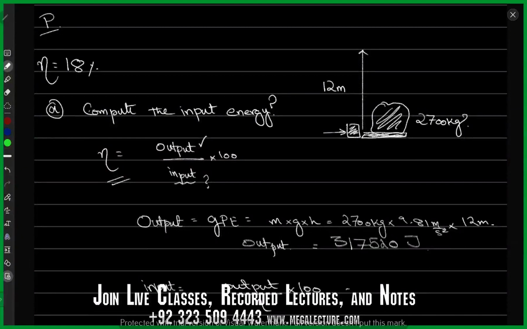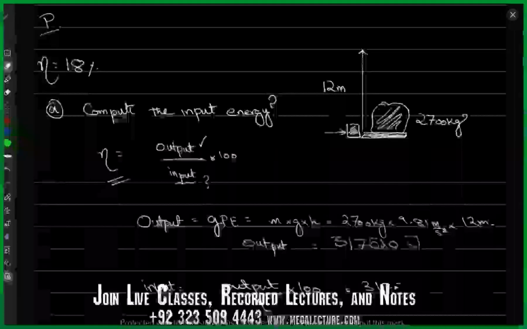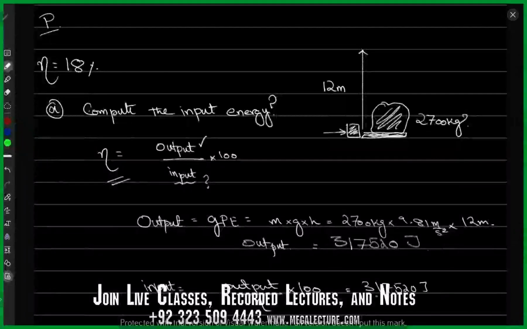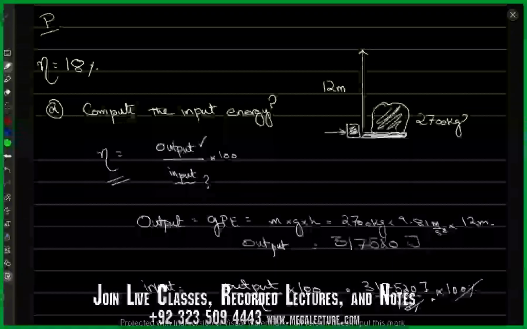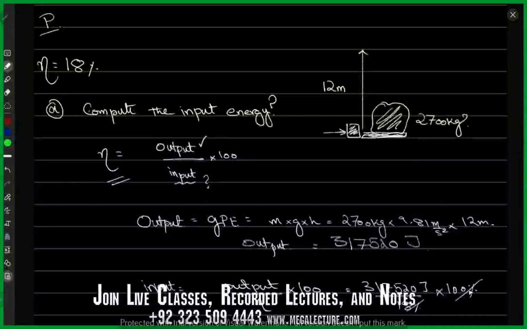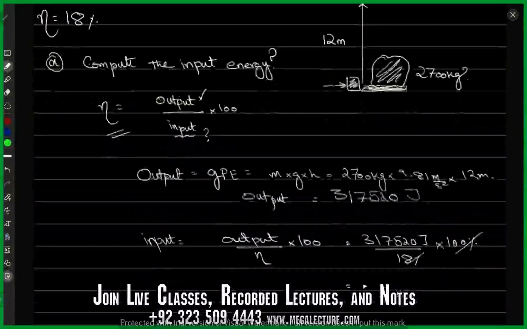So this would be 317,520 joules divided by 18% times 100%. The percent cancels, and you just have to do the math. This would be 1,764,000.